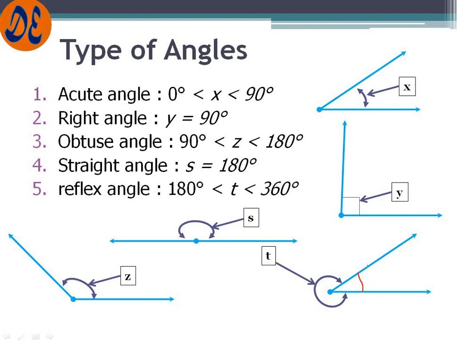Internal angle generally means the smaller angle, the part which is inside. So if you are taking this one as inside, this is called the internal angle. Another angle is called the external angle. So whenever two lines meet and one angle is a reflex angle, the other will definitely be a right angle or acute angle.